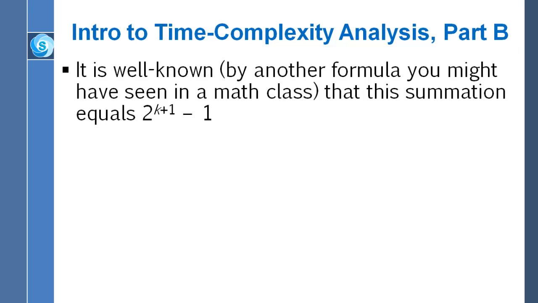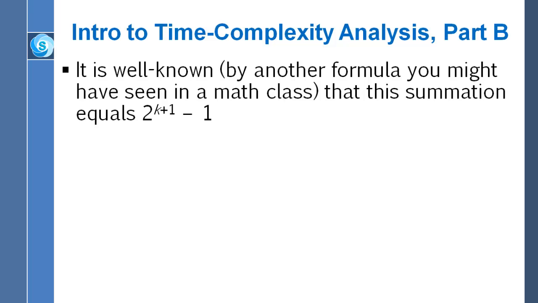If not, let me try to convince you real fast. Let me give you an example. Suppose k is equal to 3. So then 2 to the k would be equal to 8. Right? So we would be adding the numbers 1 plus 2 plus 4 plus 8. And 1 plus 2 plus 4 plus 8 is equal to 15.